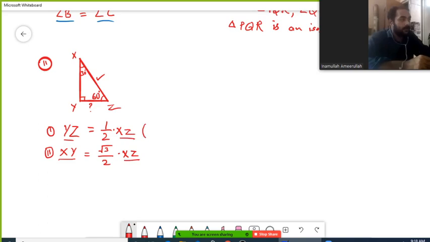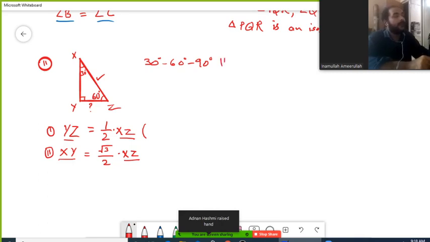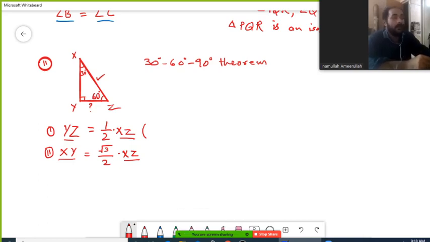So always remember, the side opposite to 30 degree angle is half of the hypotenuse. Remember this statement. This 30, 60, 90 theorem says the side opposite to 30 degree is always half of the hypotenuse, and the side opposite to 60 degree is always root 3 by 2 times of the hypotenuse.